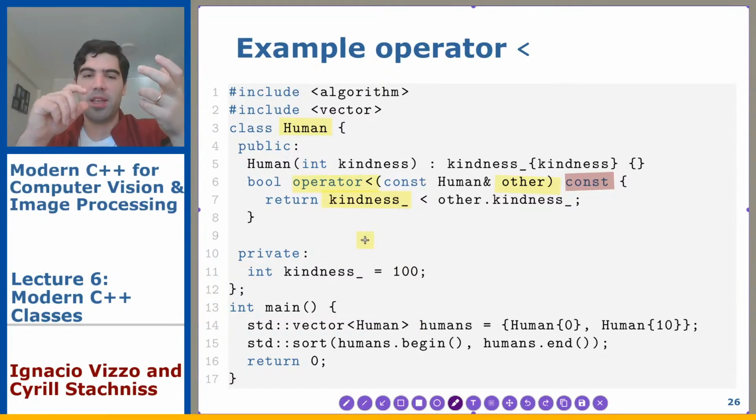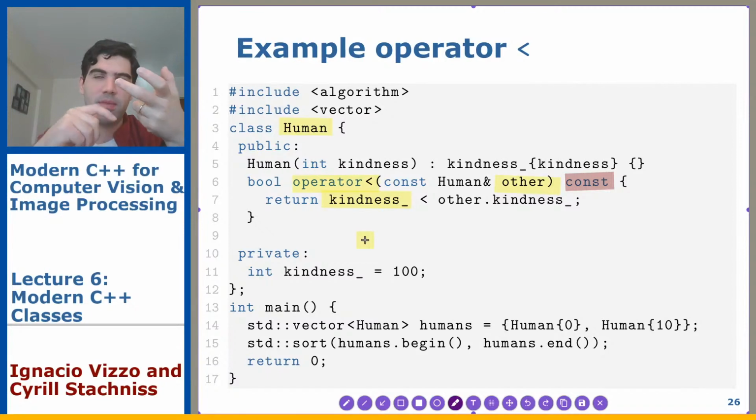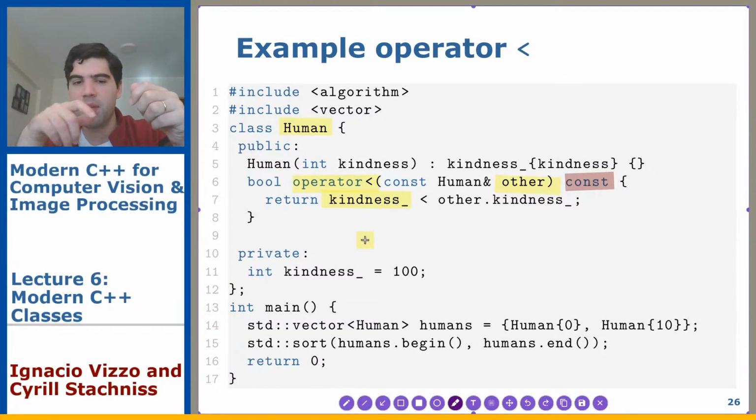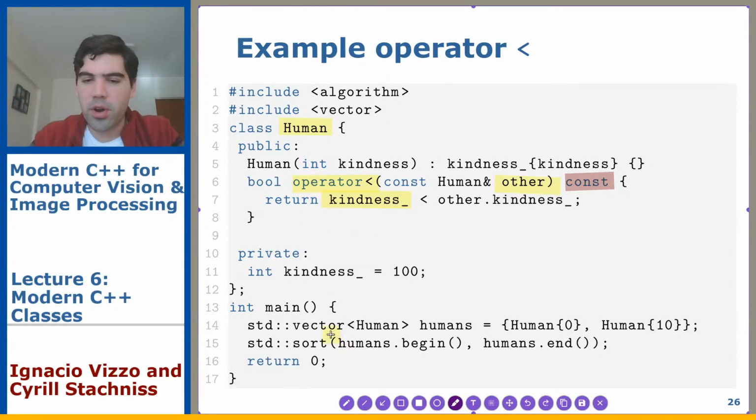This is a Boolean operation, so you will have two humans, and then you say if human A is less than B, then you do something. Another option will be sorting. If you want to call the std sort function, then you need to have defined this operator, and that's all you need to do to reuse the STL sort function.